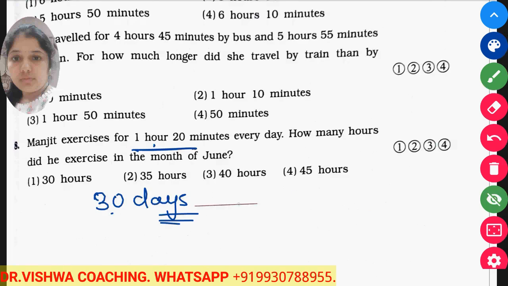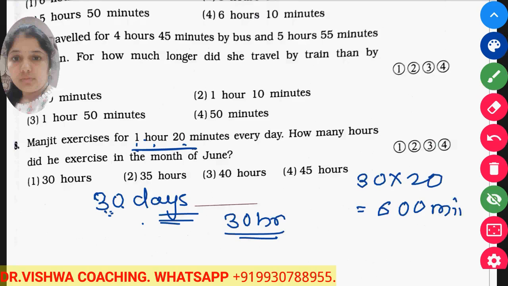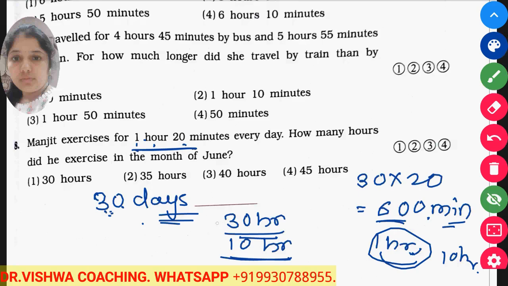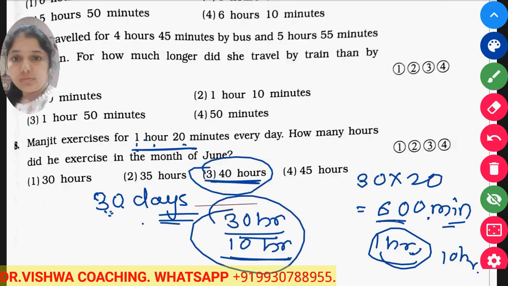So in 30 days, 1 into 30 gives 30 hours, and 30 into 20 becomes how many minutes? 600 minutes. Now 60 minutes is equal to 1 hour. 600 minutes means 10 hours. Add those 10 hours to these 30 hours. So it becomes 40 hours.